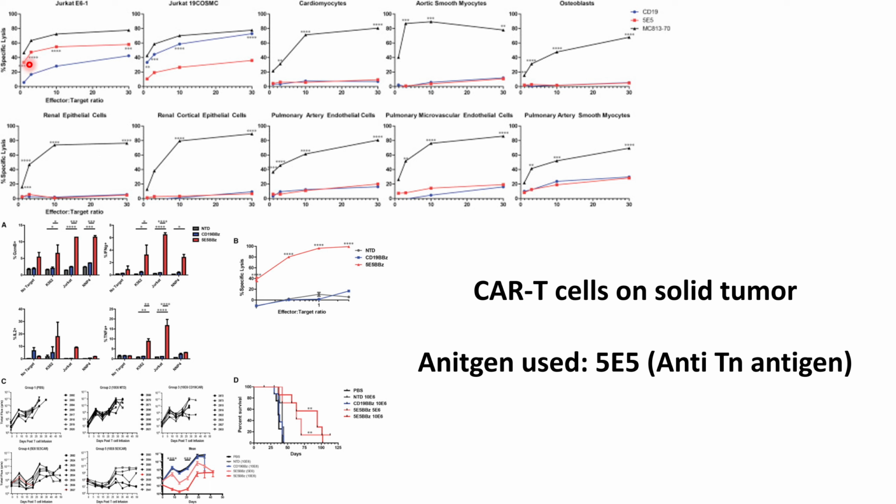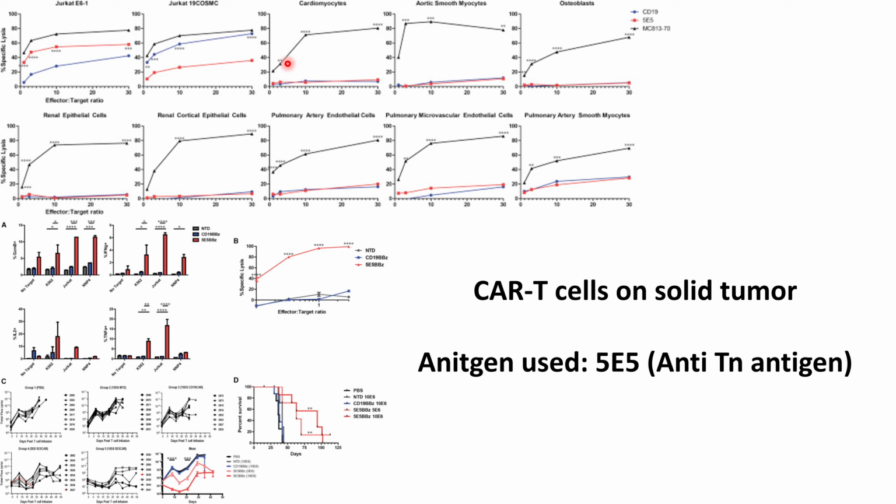They have seen that the percentage of cell lysis is increased in the Jurkat E6.1 cells and Jurkat Cosmc cells, as the TN antigen will be exposed on these kinds of cells, which are more closely relevant to cancer cells, whereas in the other primary cells these kinds of antigens are not found, and therefore we do not see any signals for CD19 and 5E5.